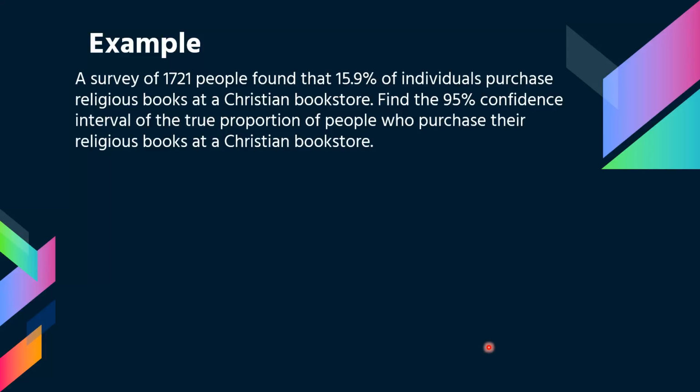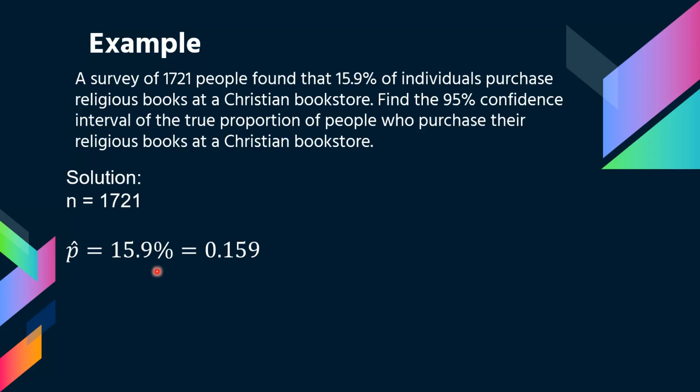So as we can see here, we have N is 1,721, which is our sample. And then our P hat is 15.9%. So here, the P hat is already given.